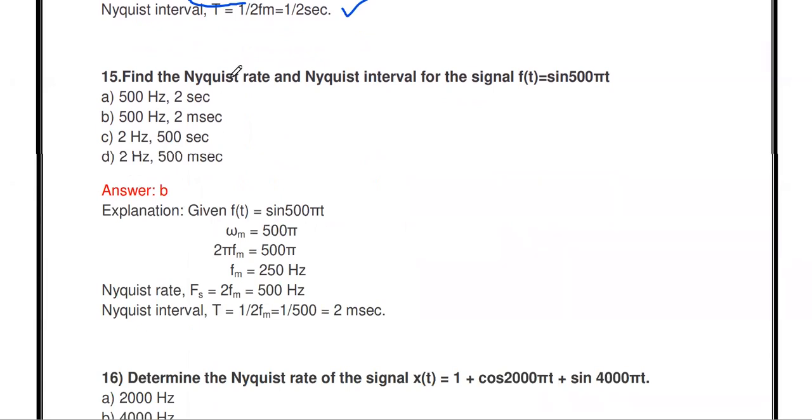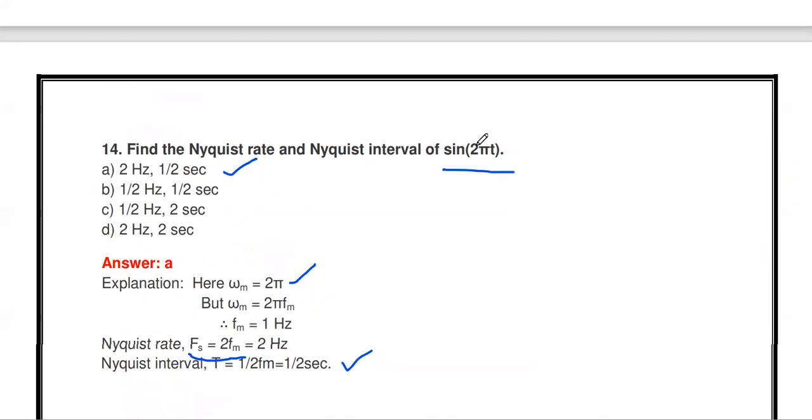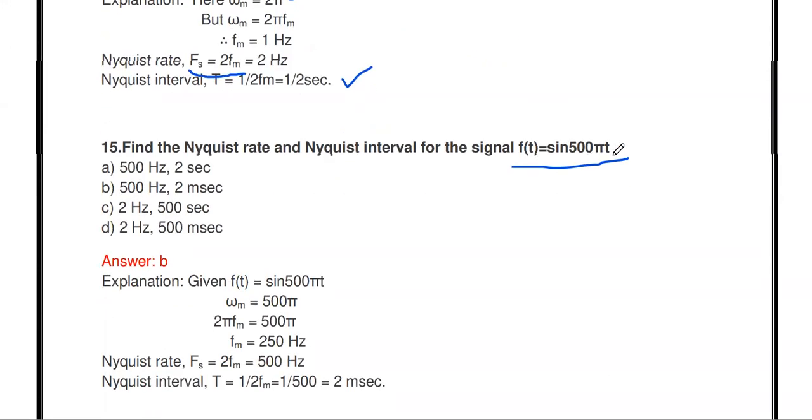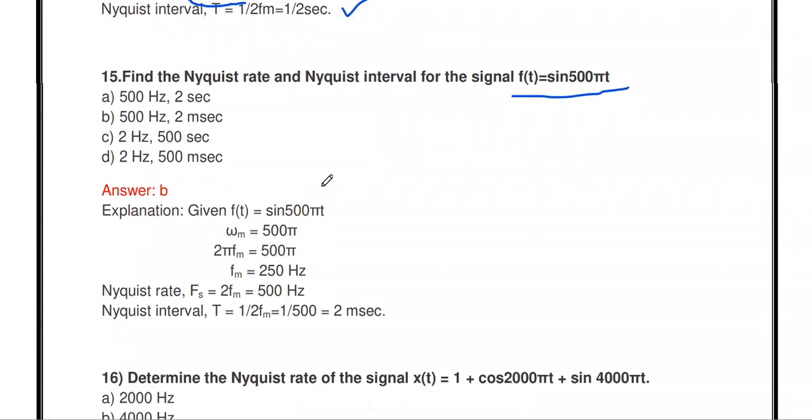And next question. Similar to the previous question, here some different data is given. Find the Nyquist rate and the Nyquist interval for the signal f of t equal to sine 500 pi t. Here a different frequency component is given. In the previous problem it was sine 2 pi t, here sine 500 pi t. You just compare the given signal with the standard sinusoidal expression.